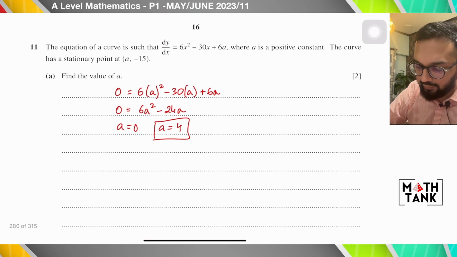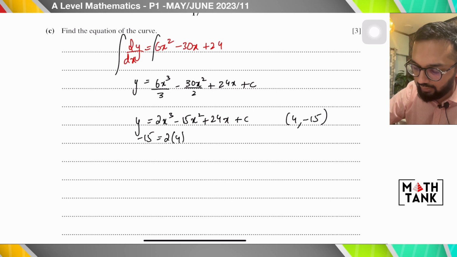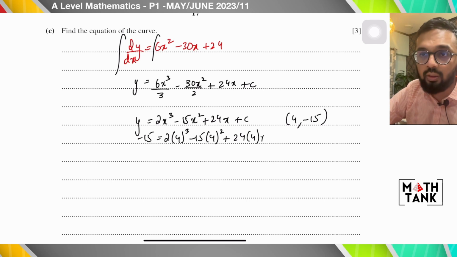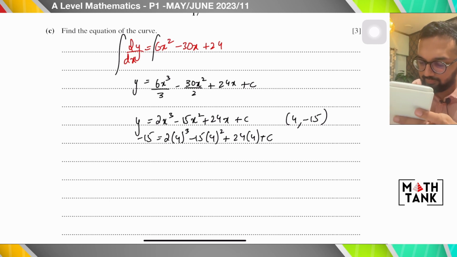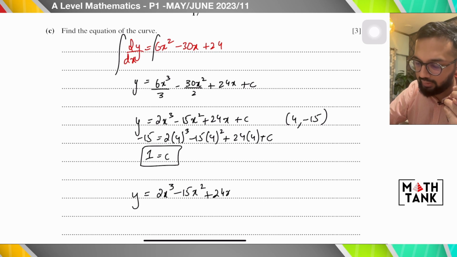Then you use the coordinates of a comma minus 15, so 4 comma minus 15, to find out the value of c. c equals 1. Y equals 2x cubed minus 15x squared plus 24x plus 1.